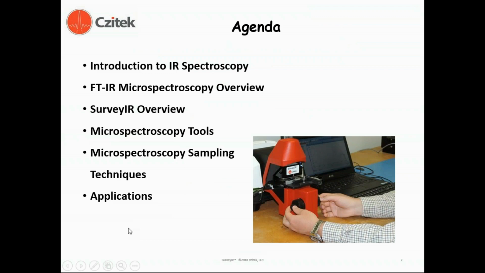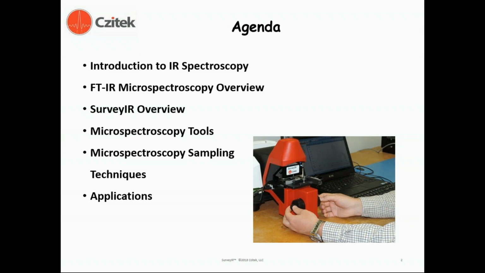So first, we'll talk about what we're going to talk about today. Very briefly, we're going to review the infrared spectrum. Briefly, we'll talk about the Surveyor, which is an FTIR microspectroscopy instrument that we use to collect all of the infrared spectroscopy data that we're presenting.